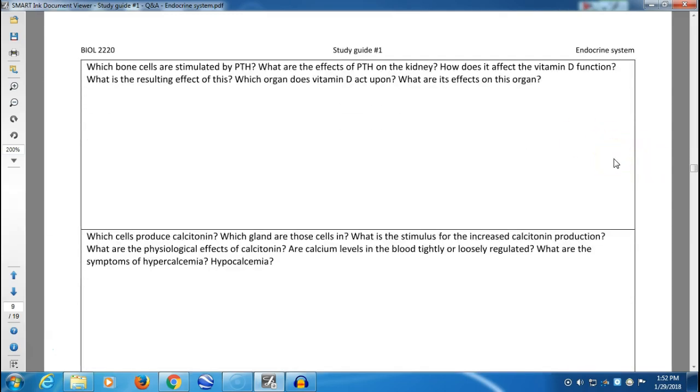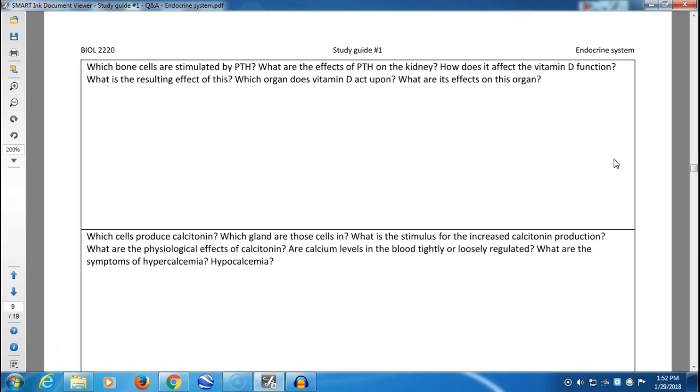Three mechanisms of getting calcium in the blood. One, from the bones, stimulation of osteoclasts. Two, in the kidneys, increased calcium retention, so less calcium is excreted. And third, increased absorption of calcium in the intestine.